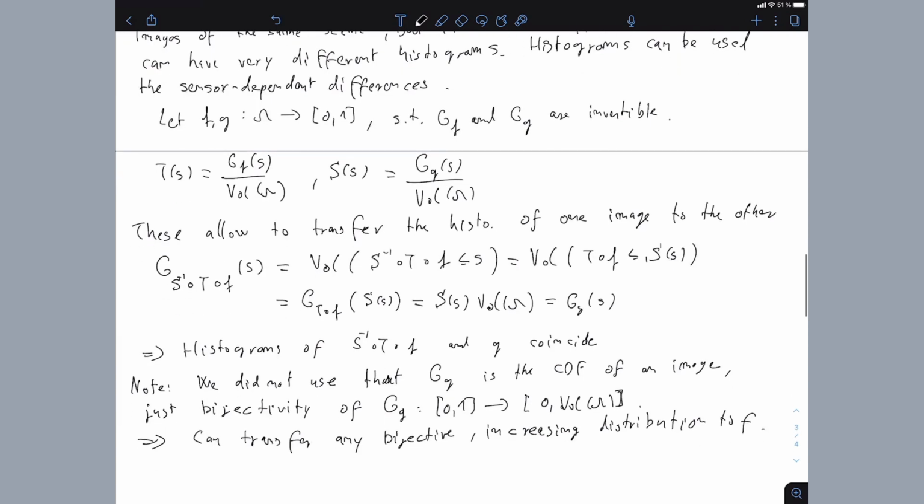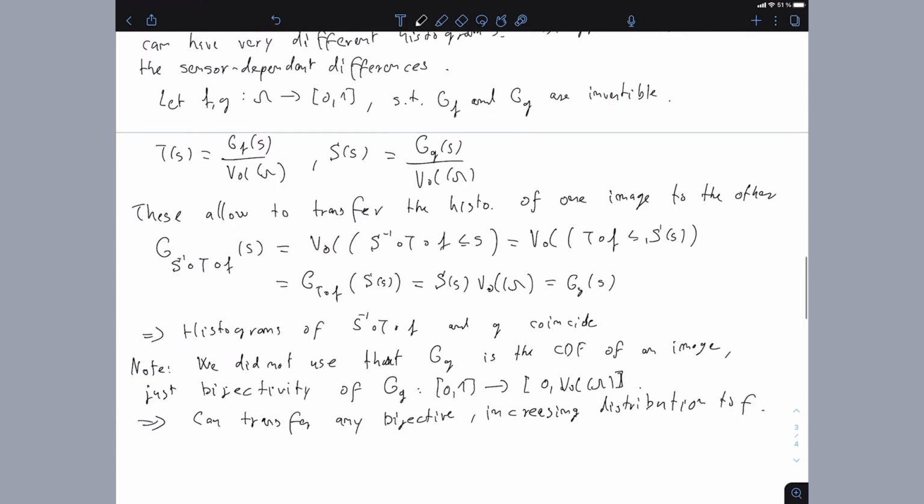If for whatever reason you want your histogram to have a certain shape, you can do it with the second approach. So that is one example of what you can do with the histogram to get some simple transformation of your image.